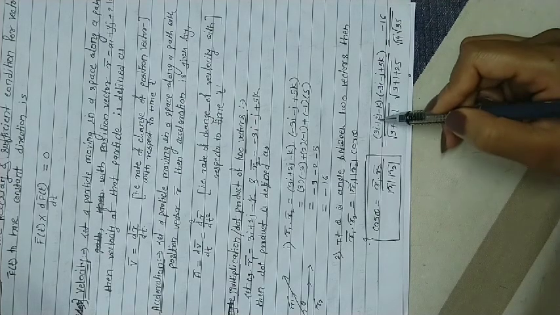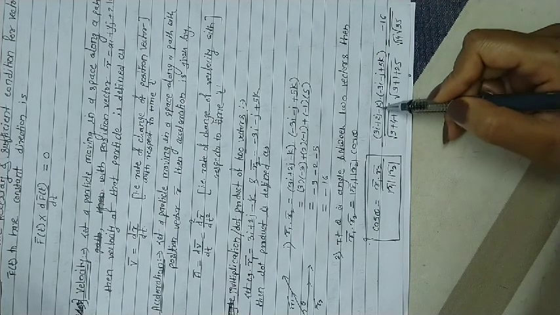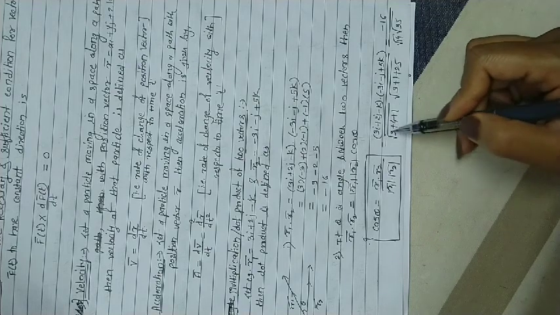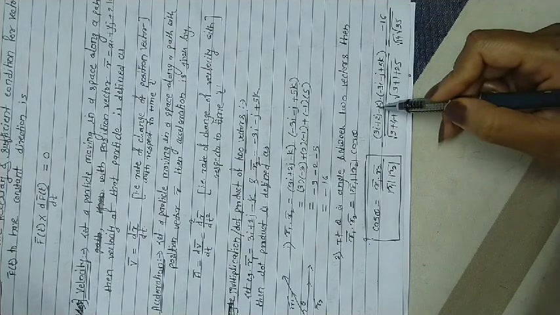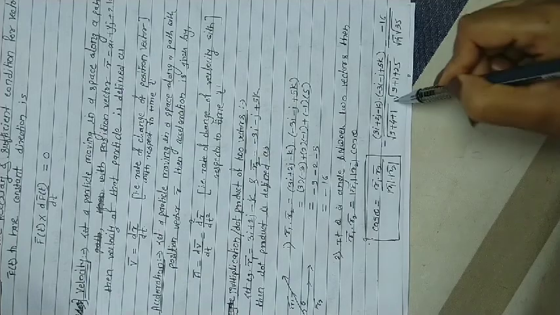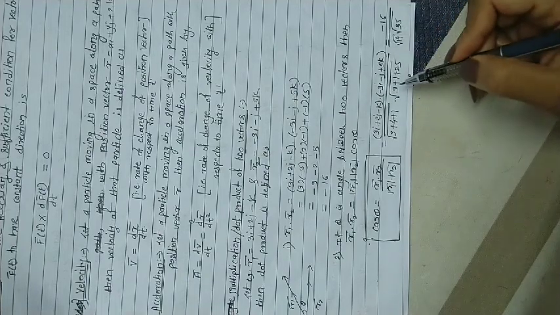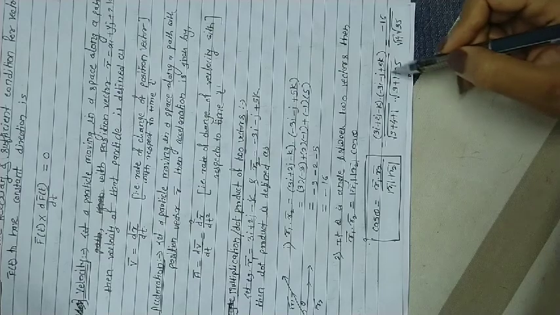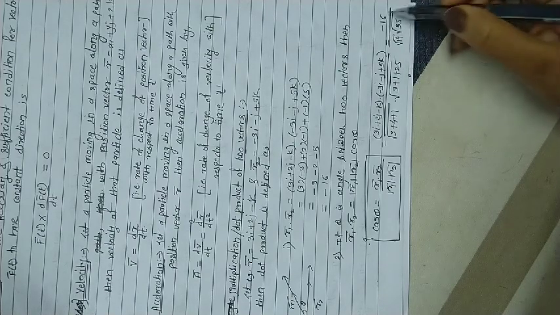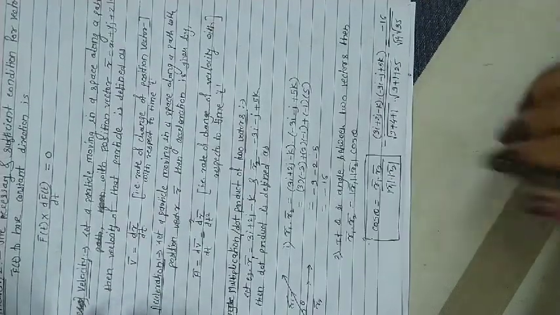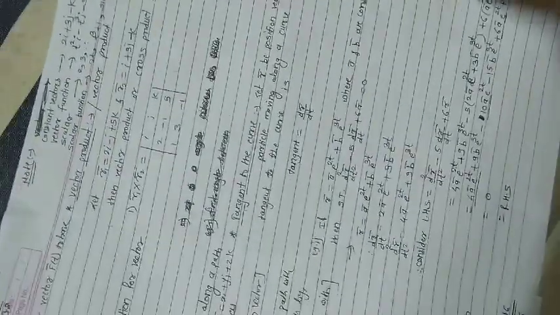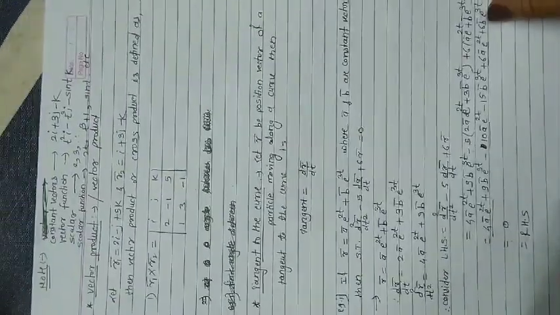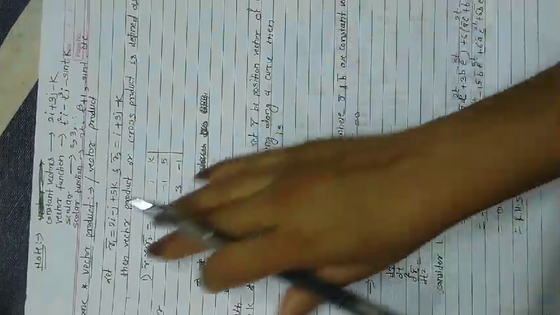Magnitude is the square root of the sum of the squares of the corresponding i, j, k coefficients. So 3 square is 9, 2 square is 4, minus 1 square is plus 1, and we take the root. Similarly, minus 3 square is plus 9, minus 1 square is plus 1, 5 square is 25. The answer is this, and this gives the angle. If you want to calculate the angle between these two vectors, then we have to use this definition. Now consider this note.